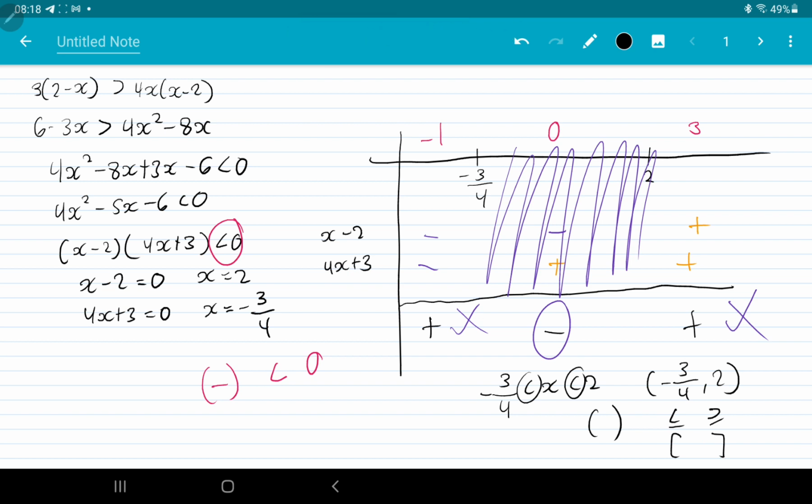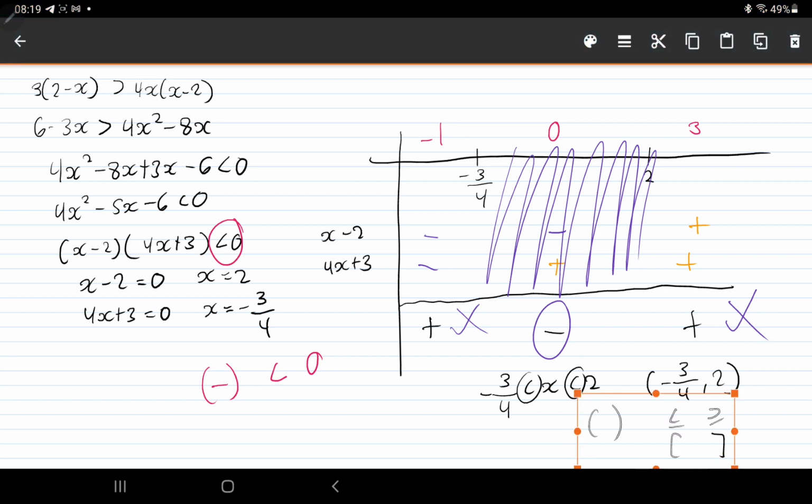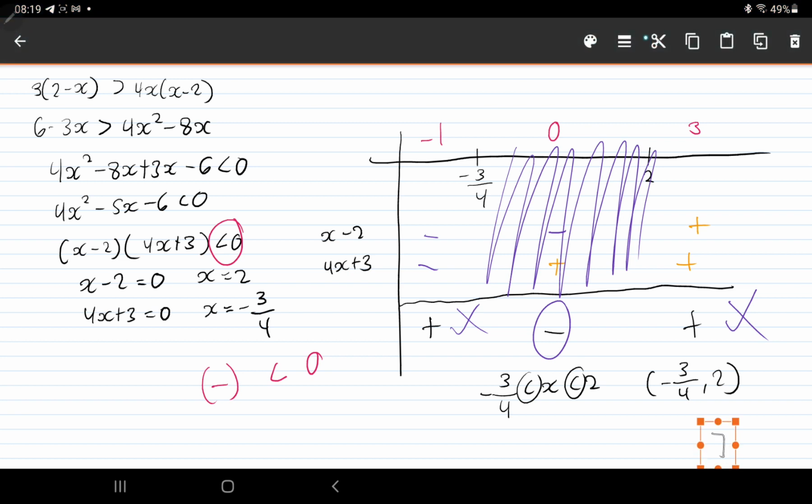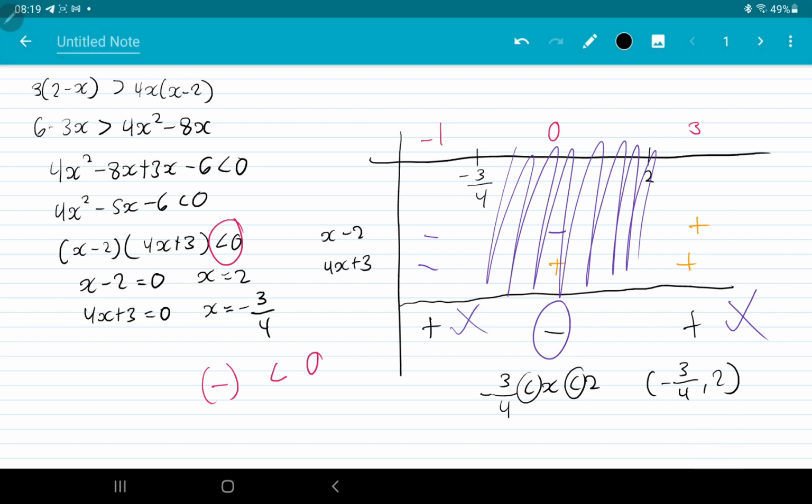Therefore, the final answer in set builder notation should be the first one, and the interval notation should be this answer here. Wait, let me get rid of this. Alright, so this is for set notation, while on the right side here should be interval notation.